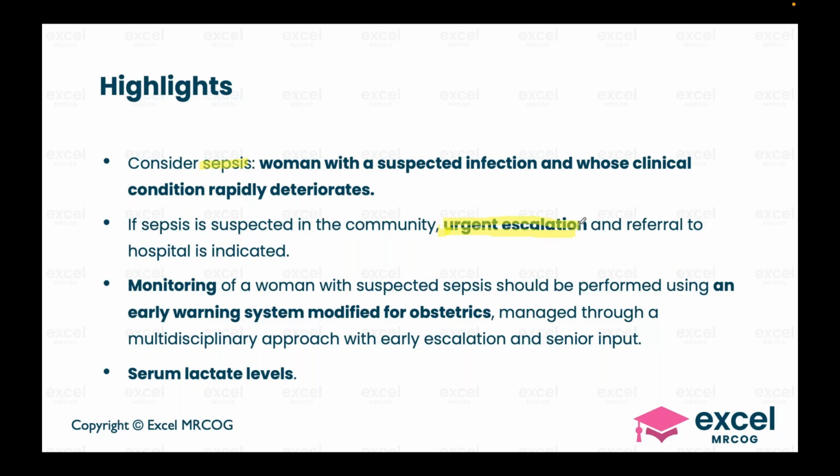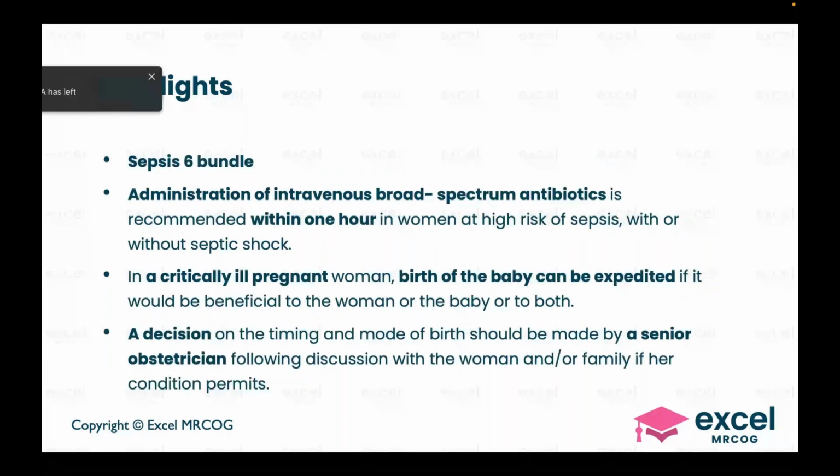Monitoring should be performed on an early warning system modified for obstetrics. It's important to note that serum lactate levels need to be done. Then we need to remember the sepsis care bundle for suspected sepsis.